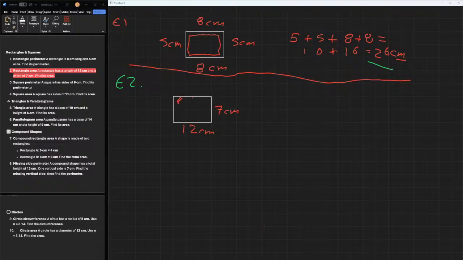So now this is the inside. Okay, so now we do 12 times 7. 7 times 2 is 14. And then here is where we need to add a 2.